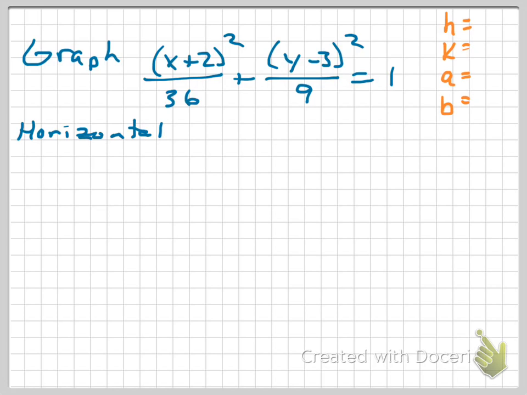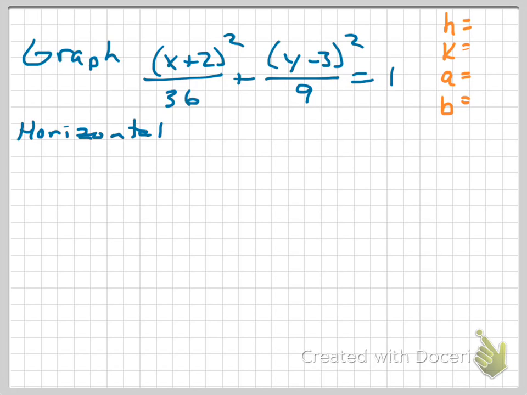And then I want to find h, k, a, and b. Because from finding those, I can find the center, and I can find either the major and minor axis if you want to do it that way, or I can just go up and out the a and b measures.